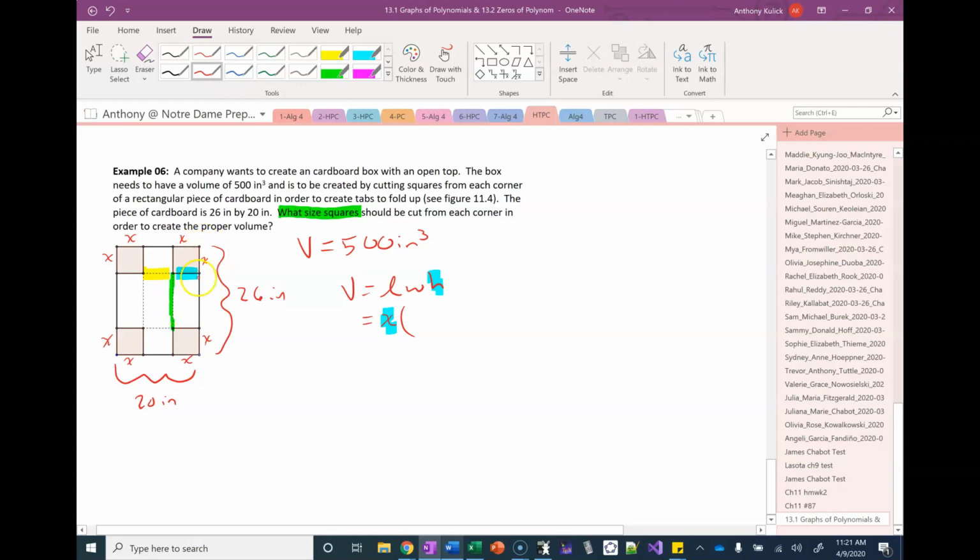So we know that this whole side is 26. But we've cut off x from each end of it. So the green piece then would be 26 minus 2x.